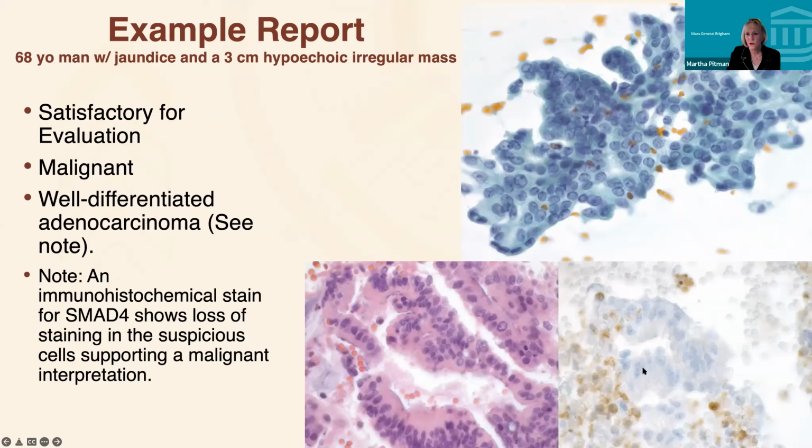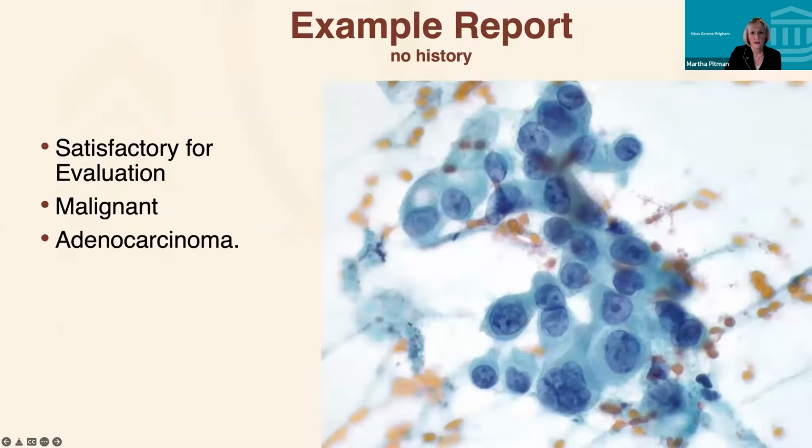For example, SMAD4, showing loss of nuclear staining, supports the diagnosis. So more often than not, you just have a straightforward adenocarcinoma, and you don't need to say another word. If you want to describe it in a note, you can, but I think when you make a definitive diagnosis above the line, it's very clear and you don't need to say anything else.